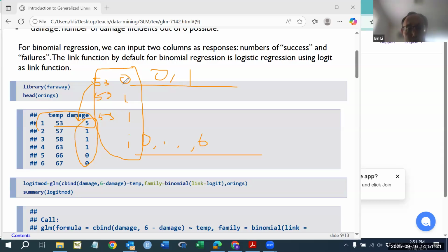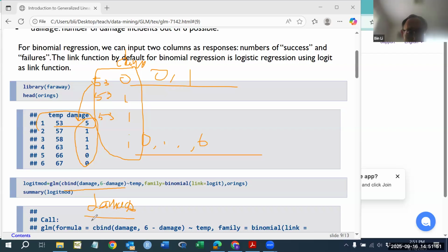You can also represent the data the other way, and then you don't have to write it like this. You can just use damage directly. If you save the format as 0 or 1 and damage is binary, then instead of the column bind of damage and 6 minus damage, you can just use damage itself. This is the tricky part.